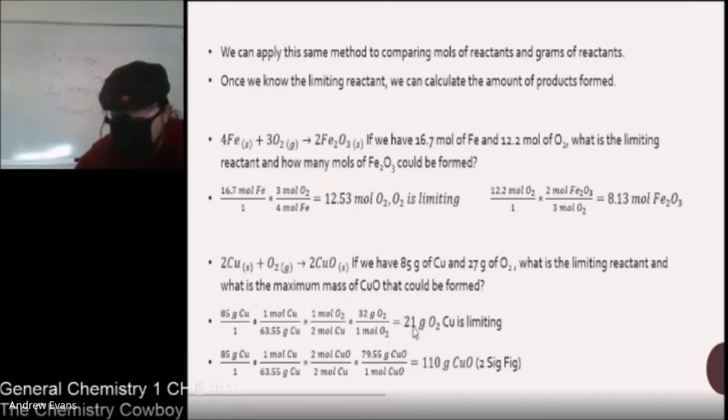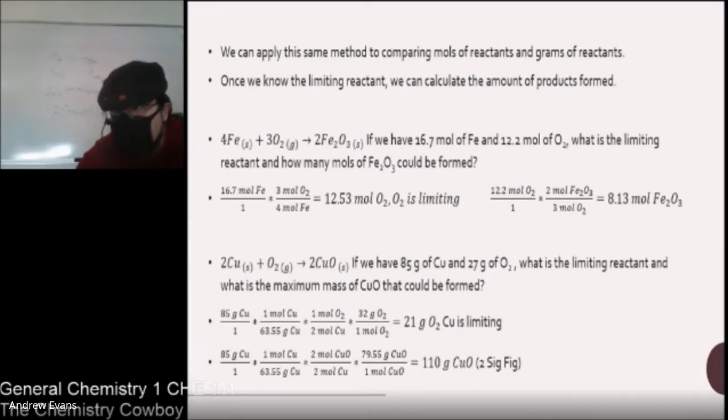You would need 21 grams of oxygen to use up the copper. So that means copper runs out first, because 21 is smaller than 27. Then we'll just do this one more time. 85 divided by 63.55, 2 per 2, times 79.55. That gives us 110 grams of copper oxide as the product.